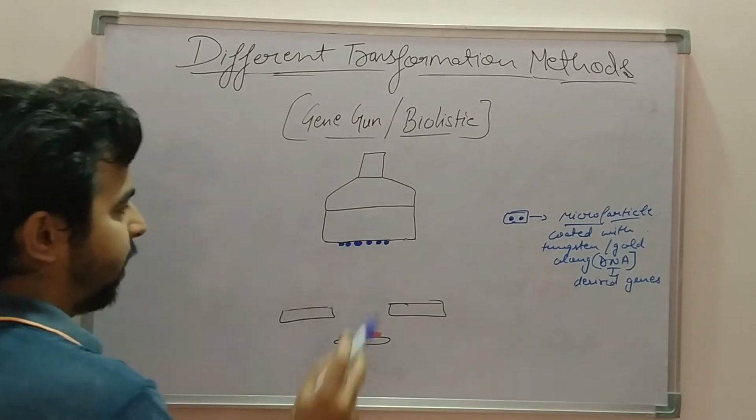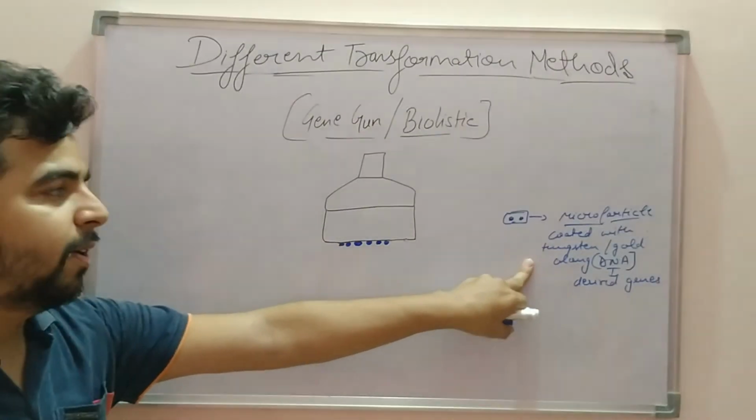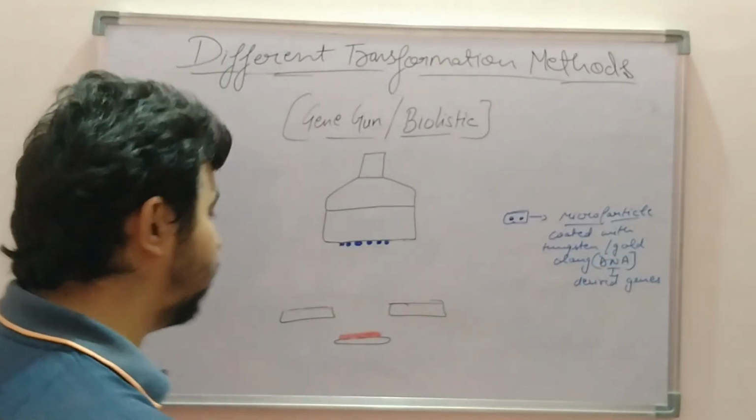So these microparticles are carrying coated DNA along with the pellets of tungsten and gold.